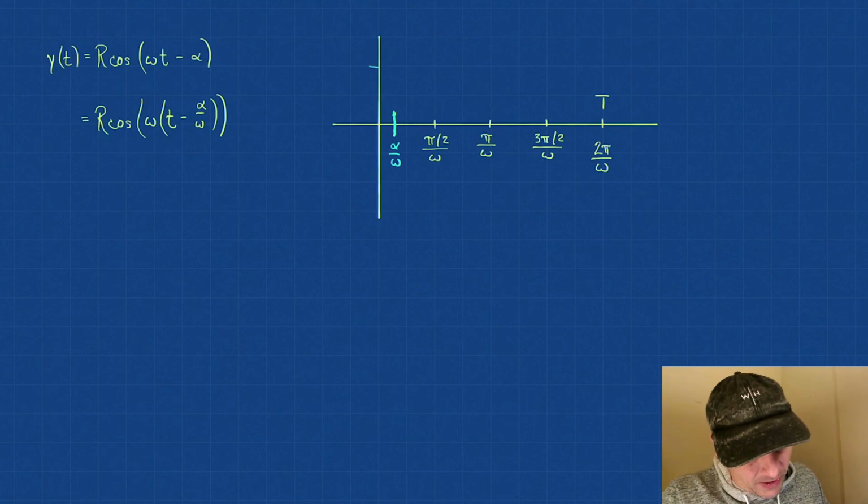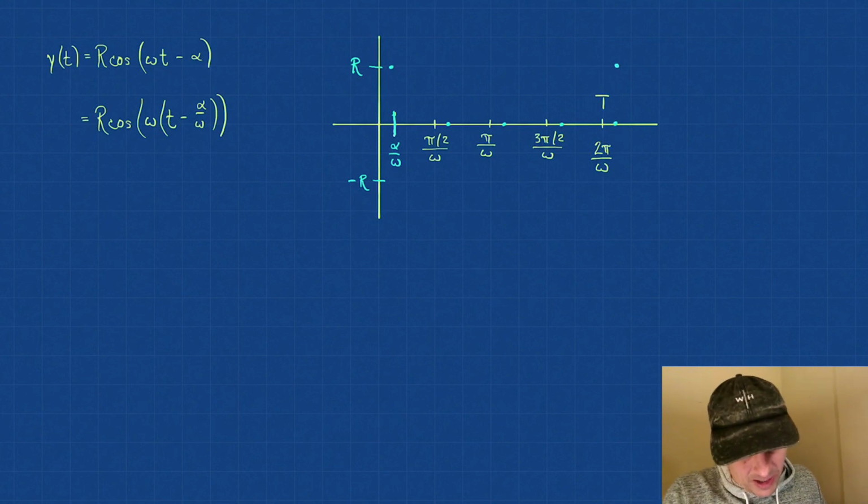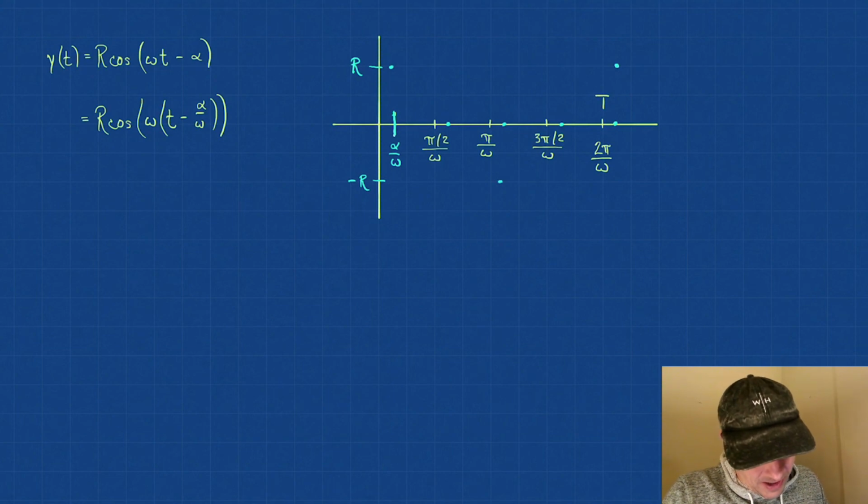And this curve now has a height. It has a height of r down to minus r. So it would start right there, and then it's going to be shifted by this pi over omega each time. So let's put in our shifts here, kind of about like that. So there's my ending point. There's my negative point.